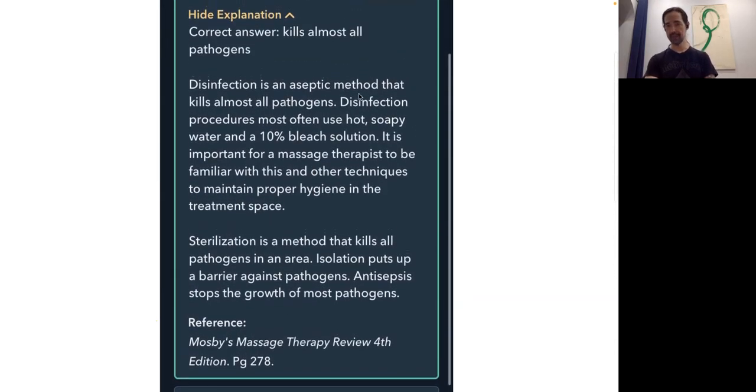Disinfection is an aseptic method that kills almost all pathogens, including hot soapy water and a 10% bleach solution. Those are the most common. Sterilization kills all pathogens in an area. Isolation puts up a barrier against pathogens. Antisepsis stops the growth of most pathogens.